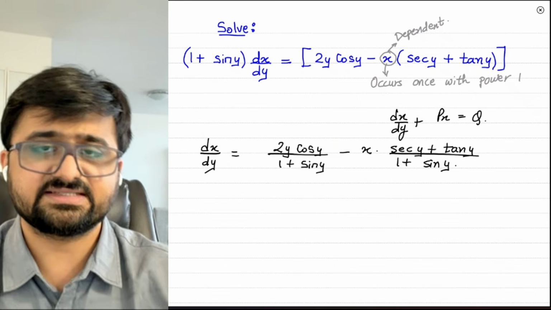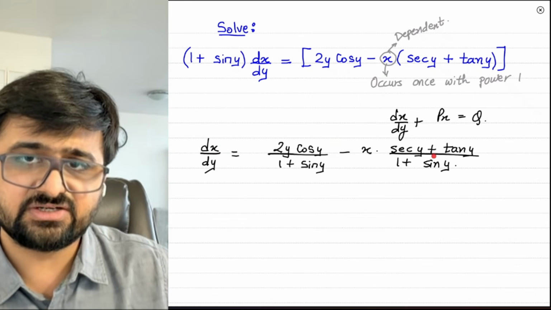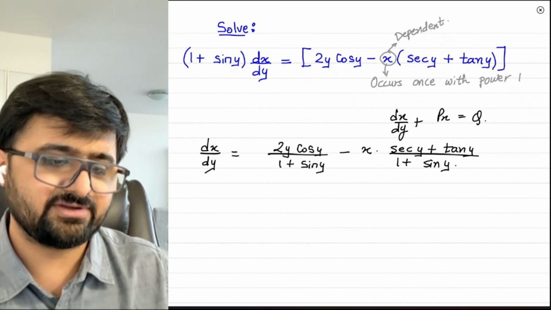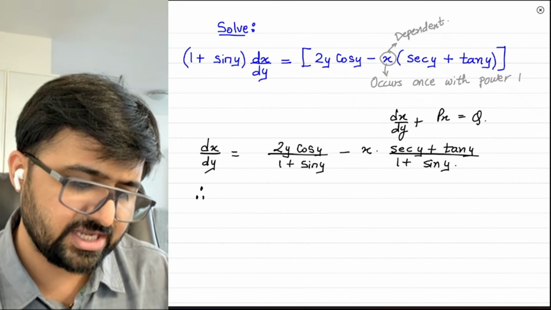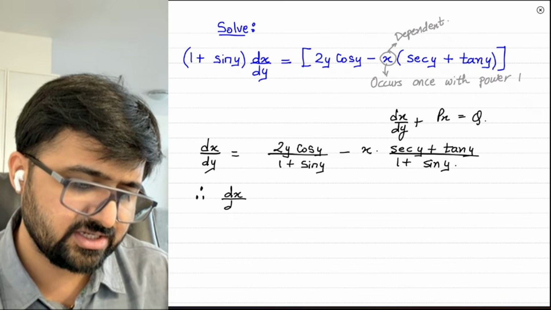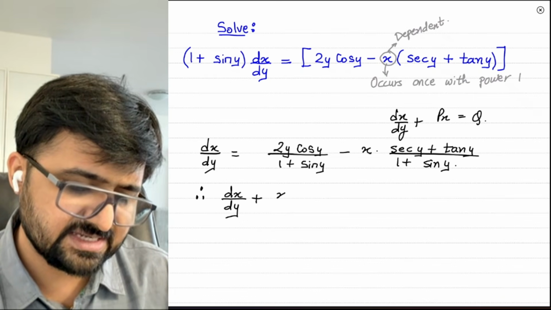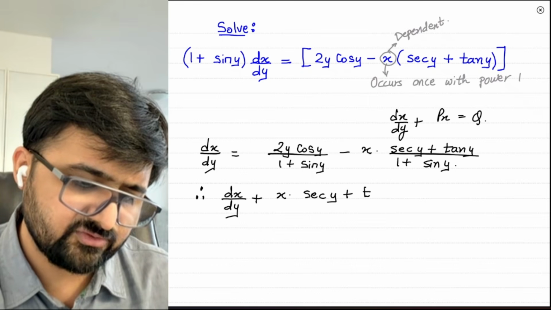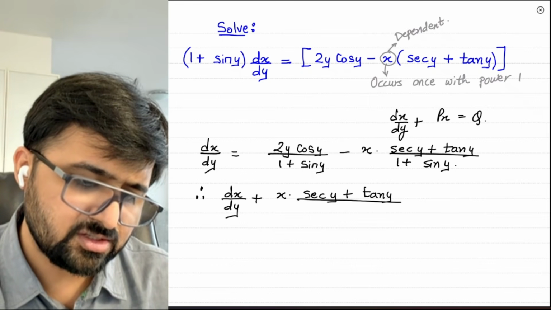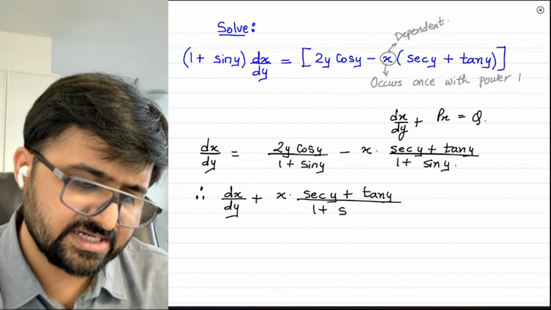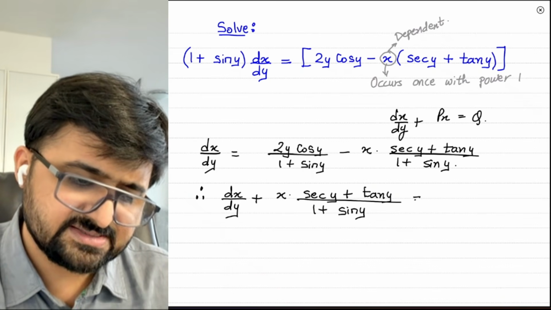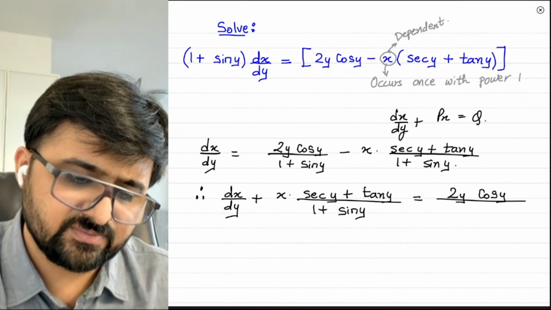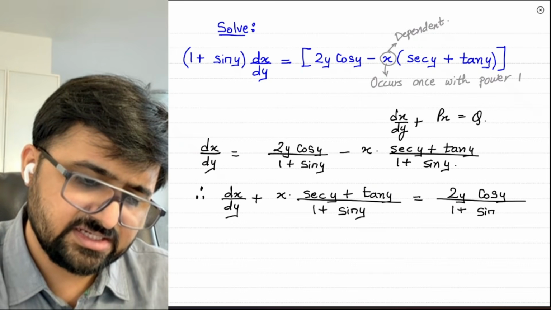I hope that makes sense. Now let's bring this term with x on the left hand side, just like we have in dx by dy plus px. So therefore we have dx by dy plus x times (sec y plus tan y) divided by 1 plus sine y is equal to 2y cos y divided by 1 plus sine y.